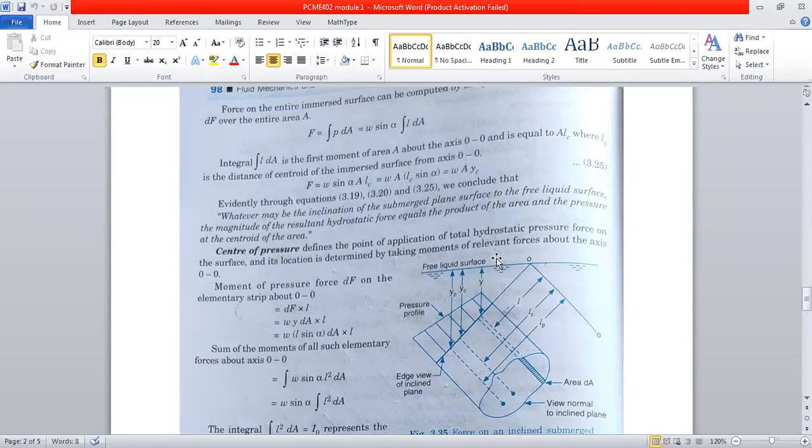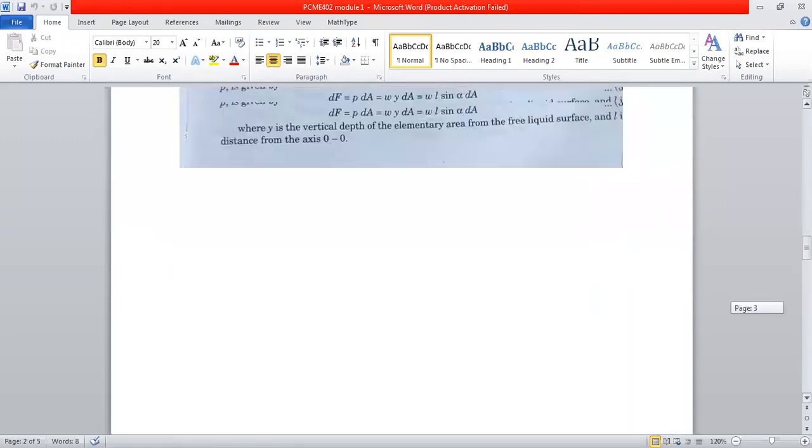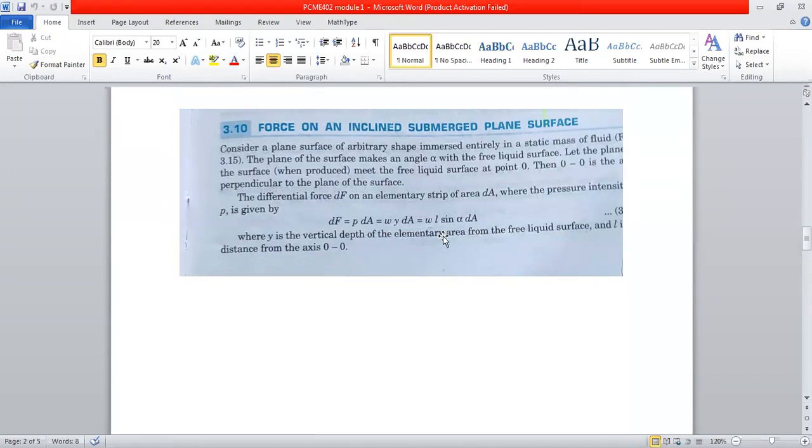So y equal to L sin alpha. As y equals L sin alpha, dF equals W L sin alpha into dA, where y is the vertical depth of the elementary area from the free liquid surface.